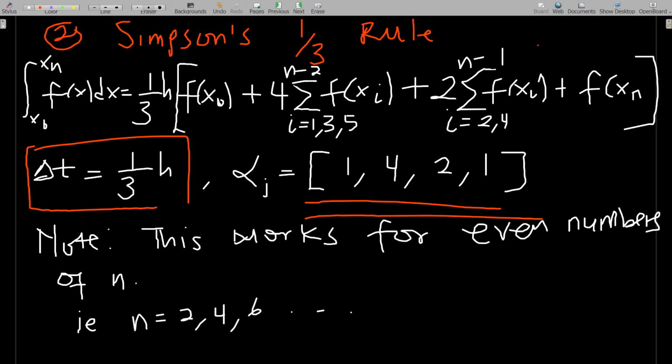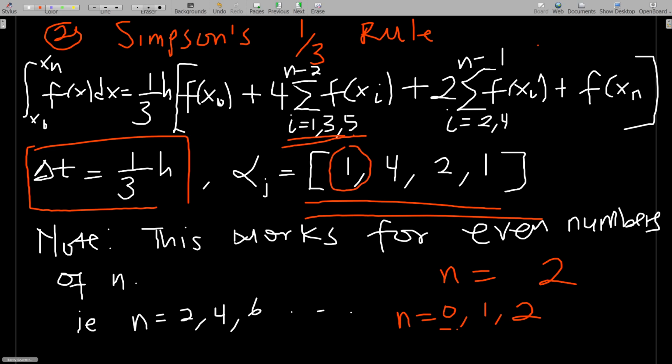Okay, so with this, what happens is that when n is, let's say, even. When n is equal to 2, then it means that we have 0, 1 and 2. So the x0 coefficient will be just 1. And then x1 is found here in the odd numbers of i's.